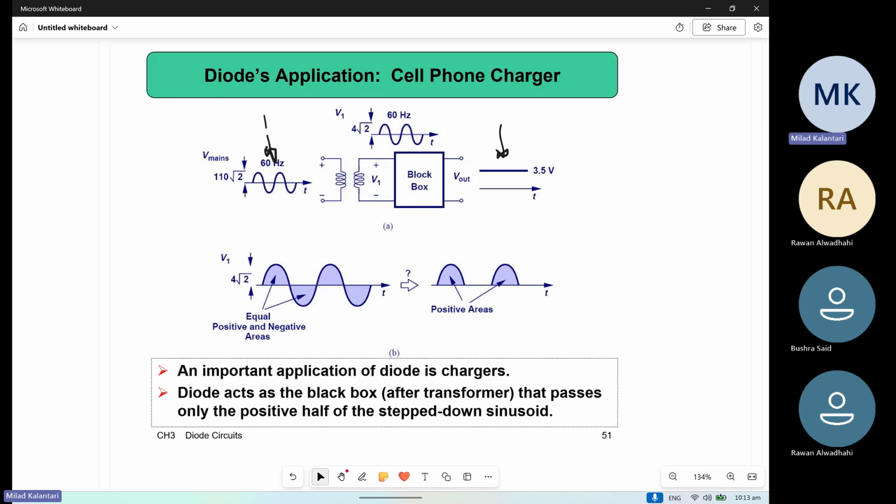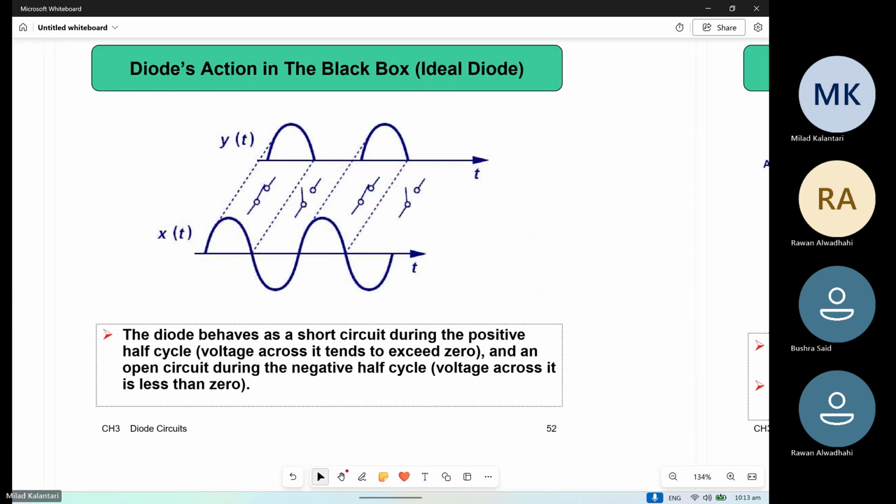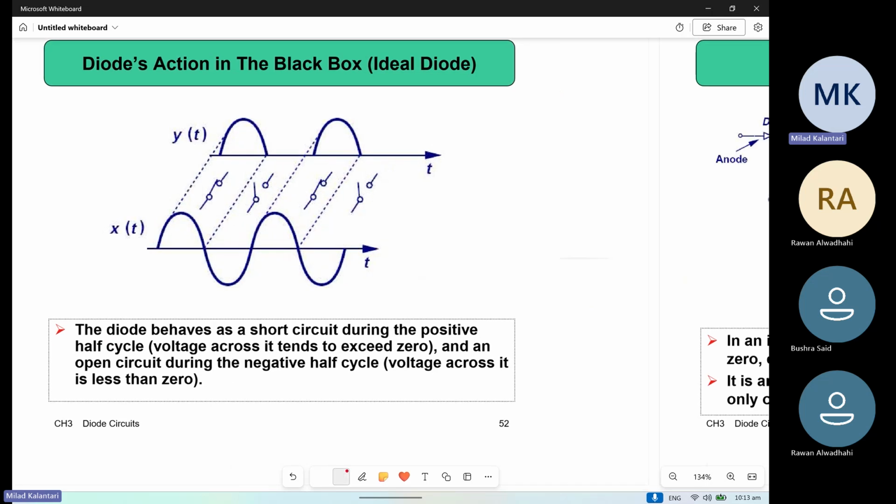So everywhere you need this function, there is basically some diode there. I'm not going to describe this qualitatively much, but we will go back in more detail.